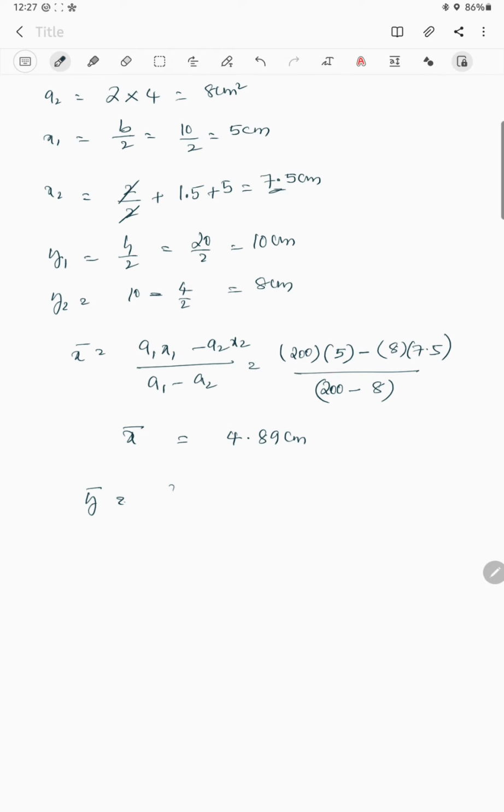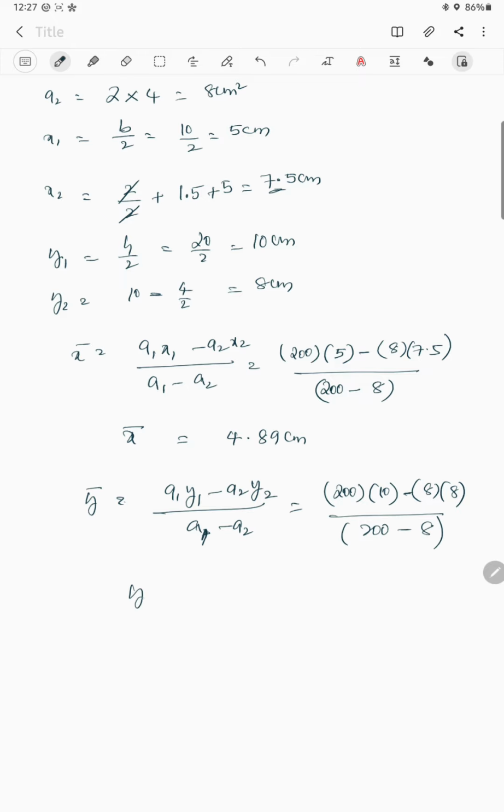Similarly, we'll calculate y bar. What is the formula for y bar? (a1 y1 minus a2 y2) whole divided by (a1 minus a2). a1 is 200. What is the value of y1? We have 10, minus a2, which is 8, into y2, which is 8, whole divided by 200 minus 8.